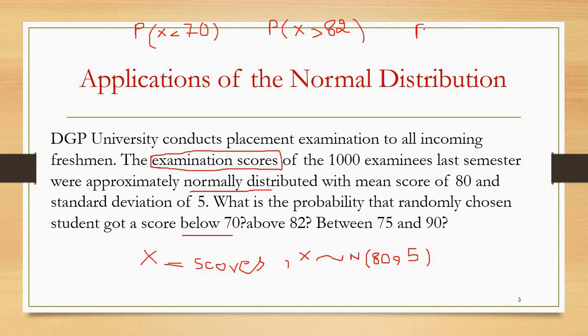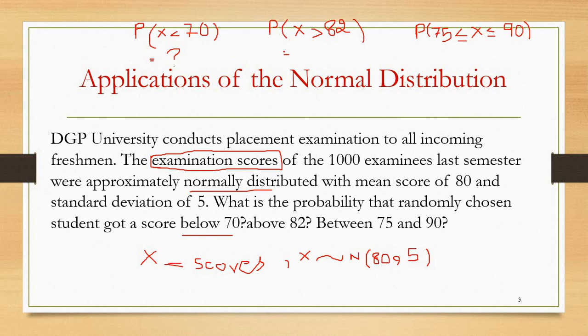So in this case, you have to find probability 75 less than or equal to x less than or equal to 90. So you have to find all these three probabilities.